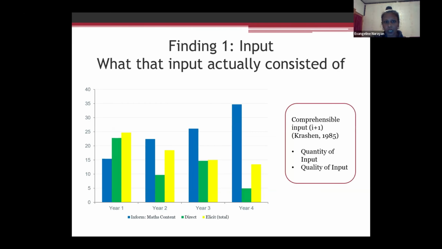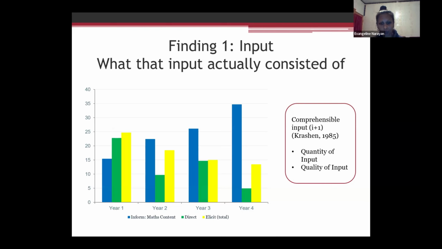Now let's look at the type of input the teachers provided to the students. Looking at all the years, mostly in years 2, 3, and 4, the teacher mostly provided information, mathematical information or content. Apart from that, the teacher directed the students, that is basically provided instructions on what to do.